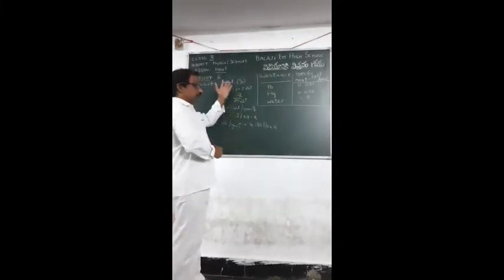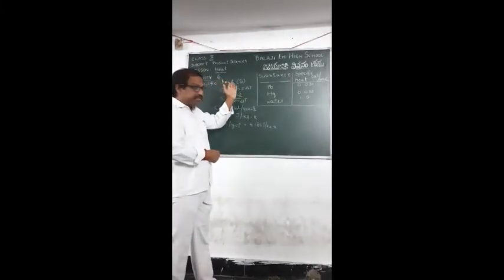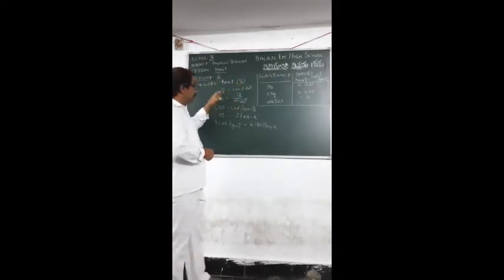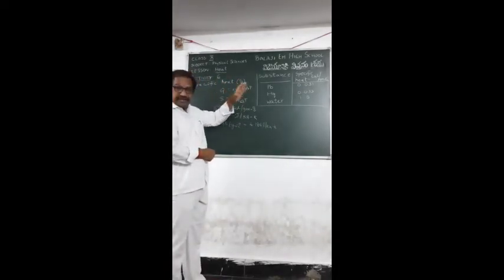Now, specific heat is represented with the letter small s. Already you have learned Q is equal to m s delta T. So s is equal to Q by m delta T, which is the formula to find the specific heat.